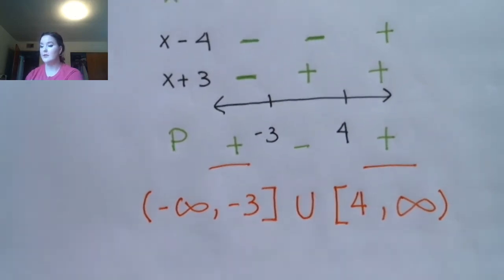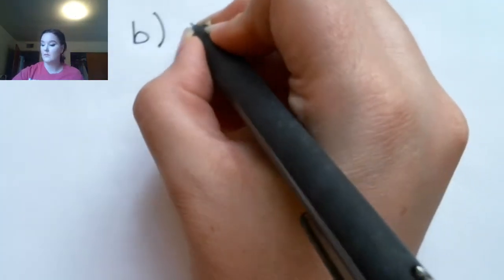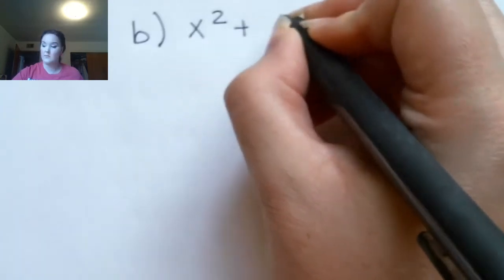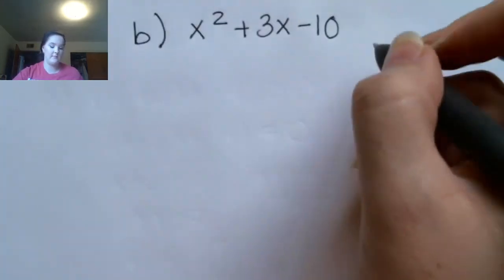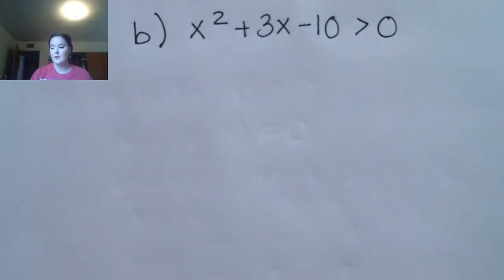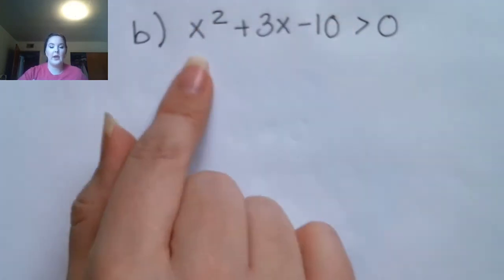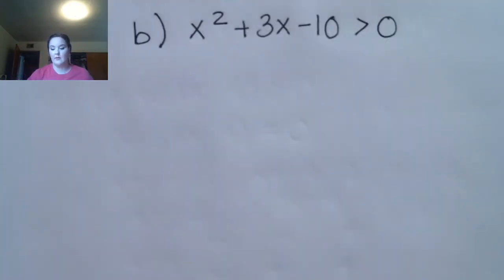All right, let's look at another example of this. So again, everything is in an okay setup because everything's on the left.